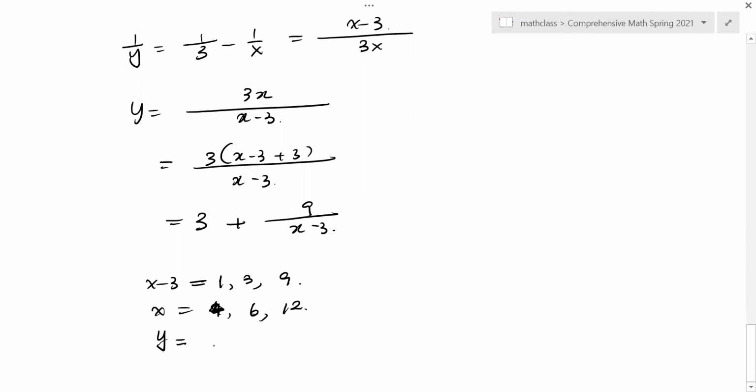The corresponding y value would be: 9 over 1, that's 9, 3 plus 9 is 12. And then 9 divided by 3 is 3, 3 plus 3 is 6. And 9 divided by 9 is 1, 1 plus 3 is 4.